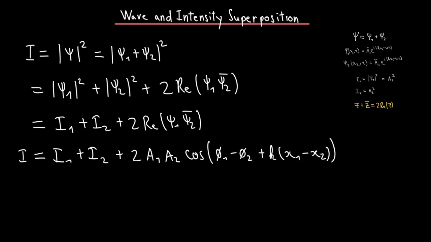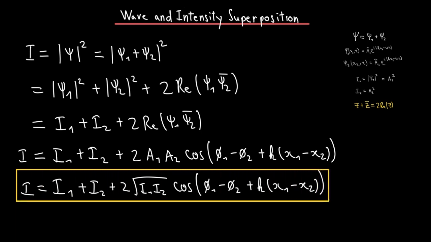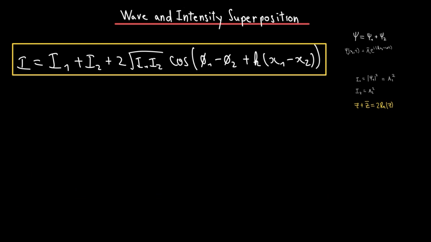But remember that a1 is just the square root of I1, and the same applies for I2. And so we get this expression over here, which is actually the mathematical expression that describes the way intensities add up. So this equation describes the intensity of the sum of two waves.